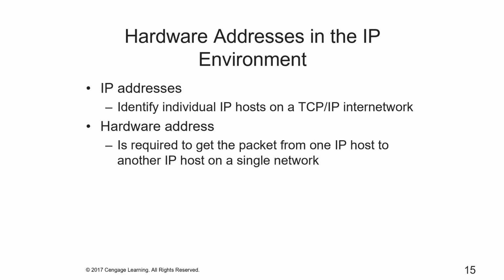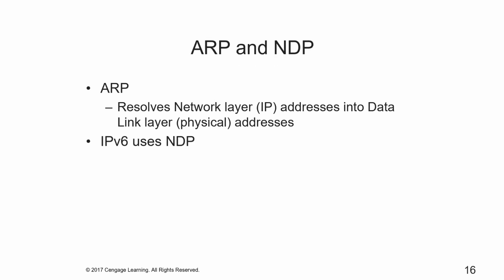So again, IP addresses individually identify IP hosts on a TCP/IP network, and a hardware address is required to get the packet from one IP host to another IP host on a single network. So ARP and NDP, again, Address Resolution Protocol and Neighbor Discovery Protocol.